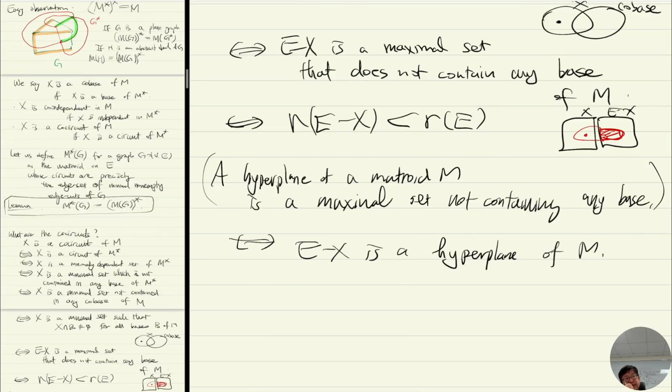In a graph, if it's a cycle matroid, the hyperplanes are the induced ones. I mean, what are the maximal subgraphs whose rank is 1 less than the rank of the whole matroid? Imagine the graph G is connected, then its rank has to be 1 less than the rank of the original graph.